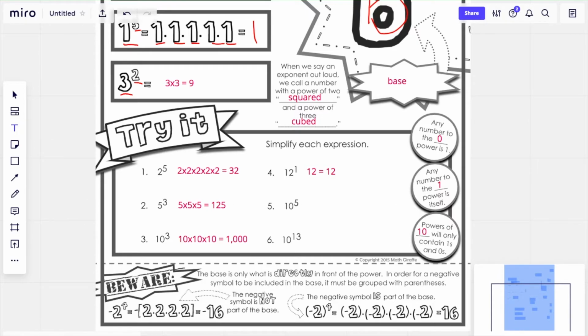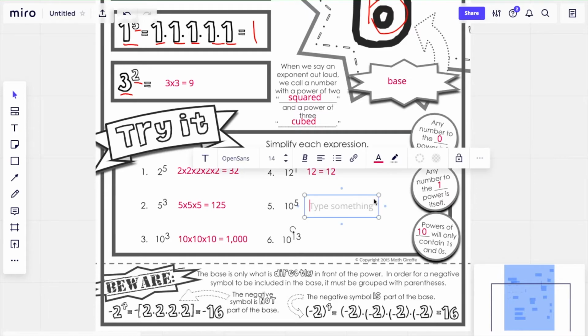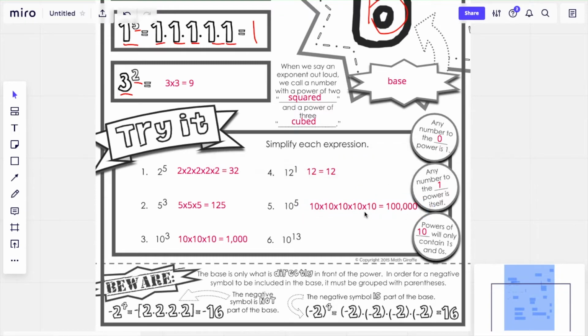Now let's get back to these examples. If we look at number 5, we have 10 to the power of 5. 10 times 10 times 10 times 10 times 10, which would equal 100,000. Now there's something I want you to notice about this one and about number 3. Look at the exponent, and then count how many zeros there are in the answer.